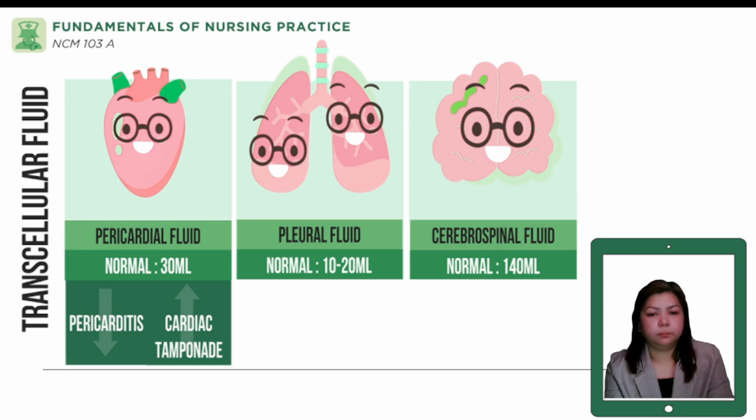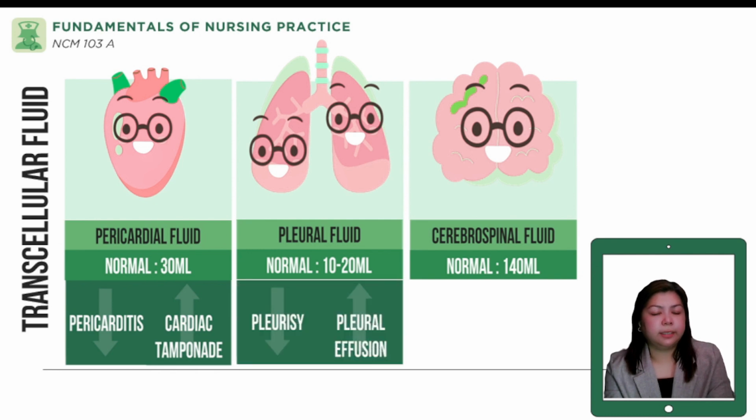Next we have pleurisy for a decrease in the amount of pleural fluid. Pleurisy occurs when your pleural lining, primarily your visceral pleura and parietal pleura, these thin layers of tissue that separate your lung from your chest wall, become inflamed, causing knife-like stabbing pain.